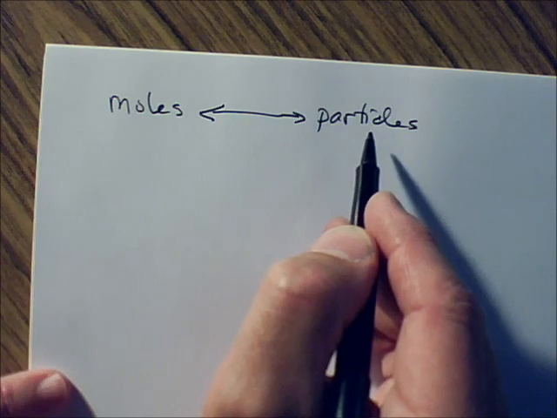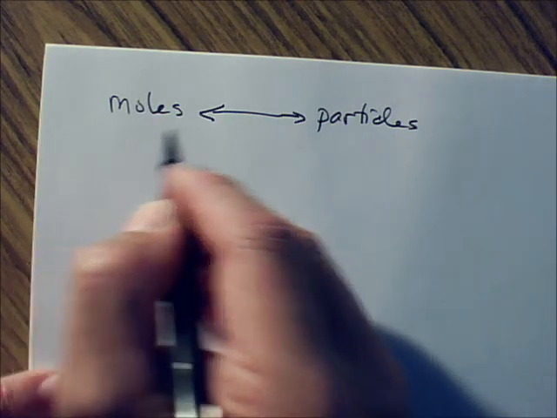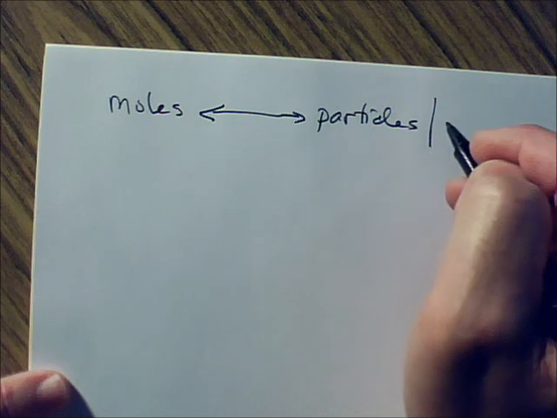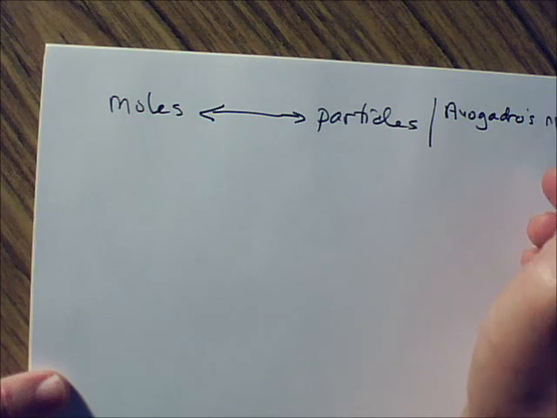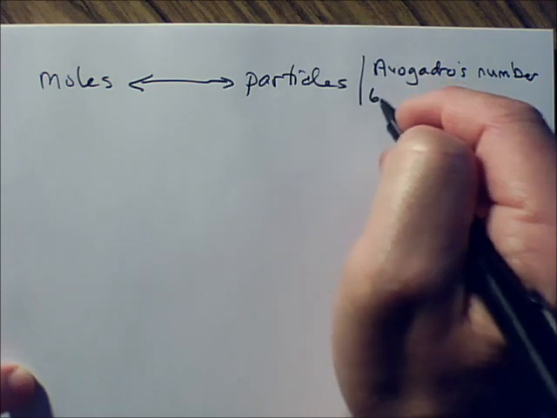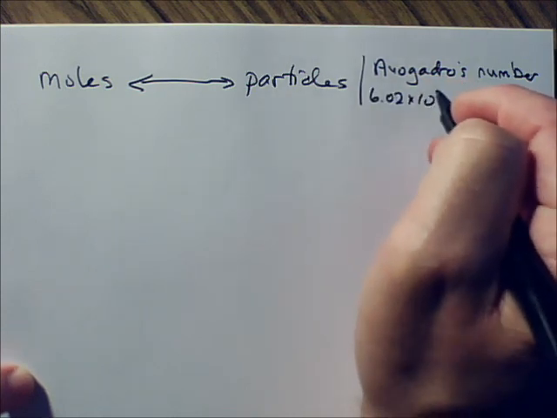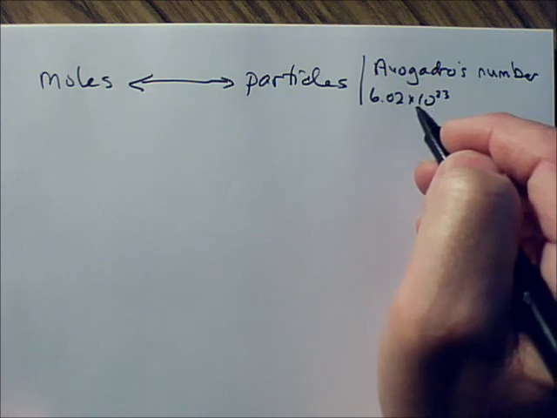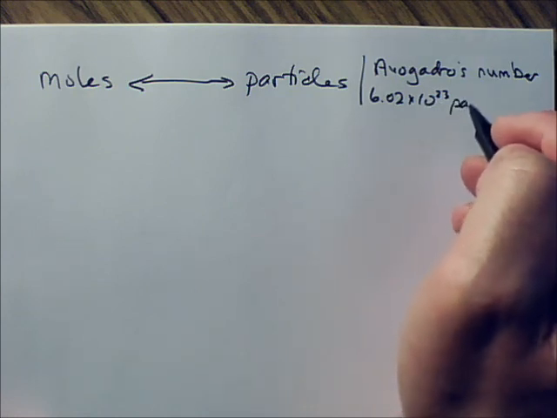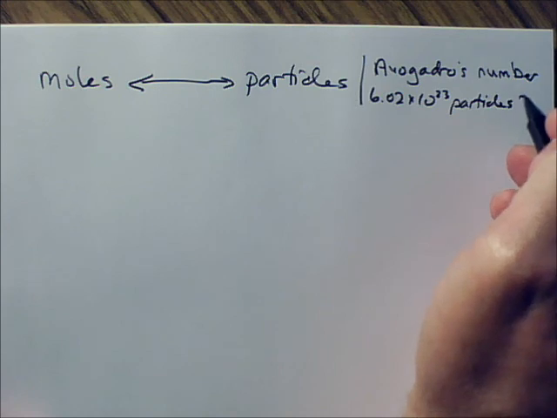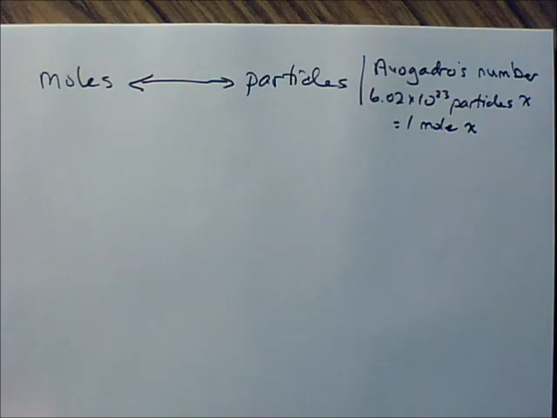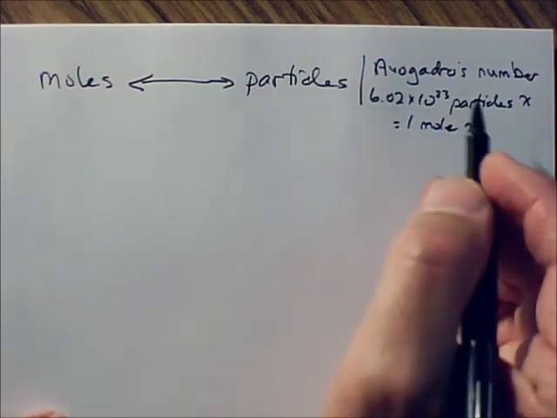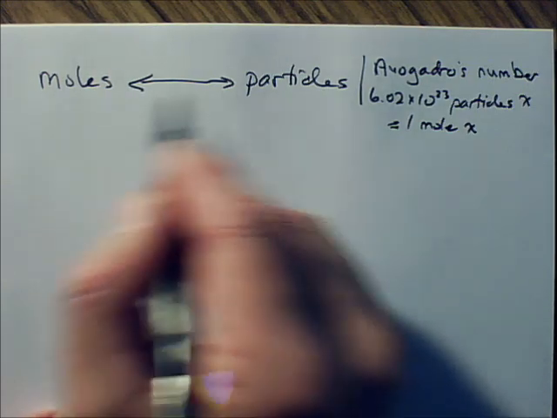And we've done that kind of math. We used Avogadro's number for that, which is 6.02 times 10 to the 23rd power. And we said this many particles of any substance is equal to 1 mole of that substance. Okay? And that was the equality statement we needed to make these conversions work.